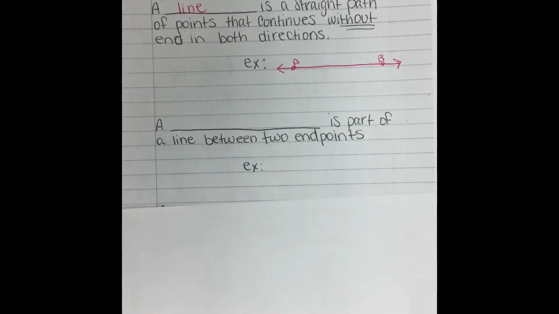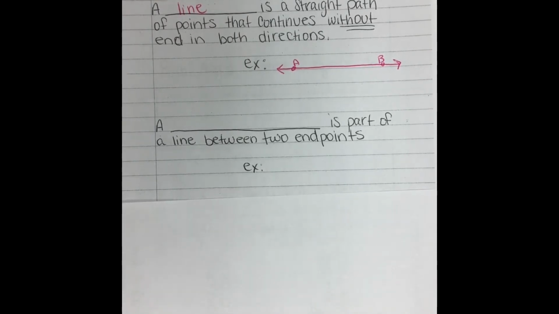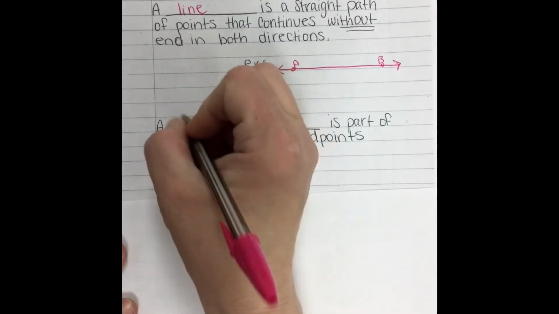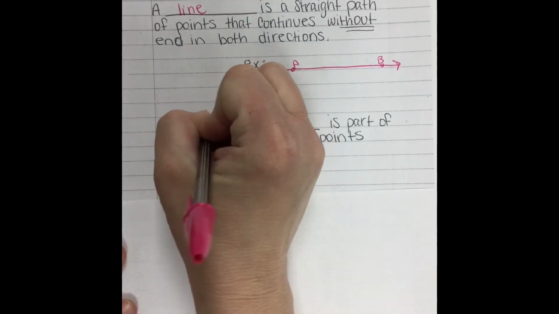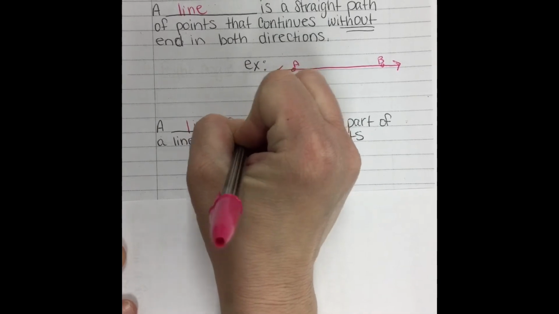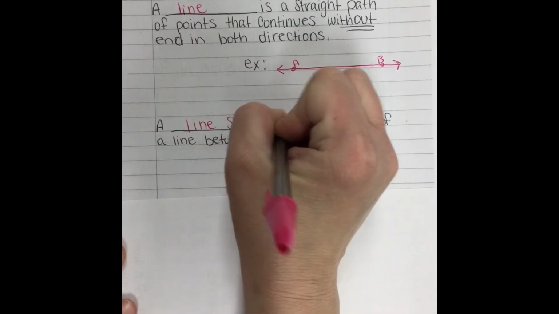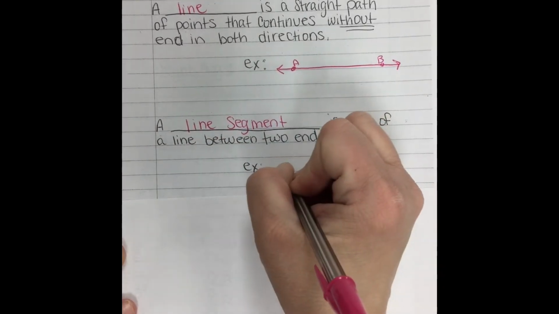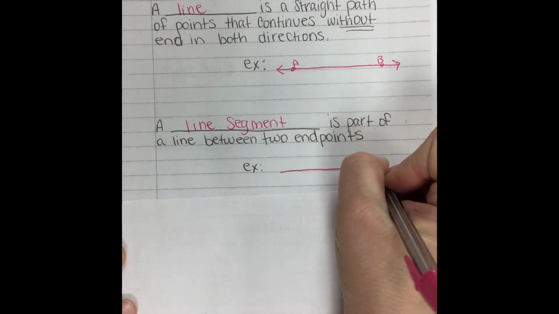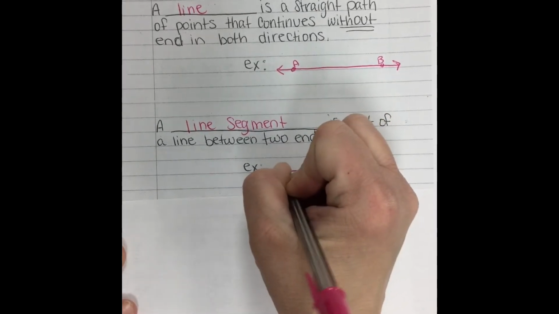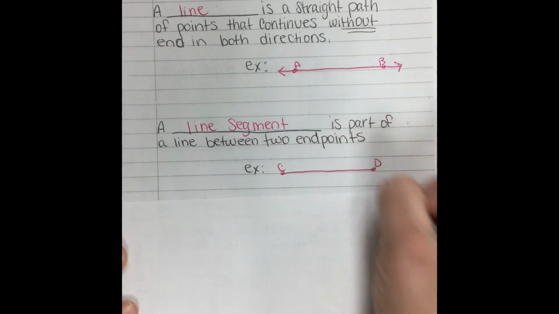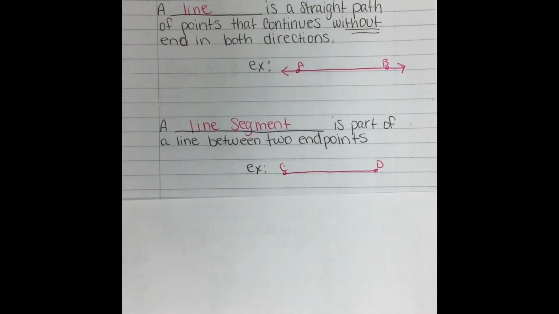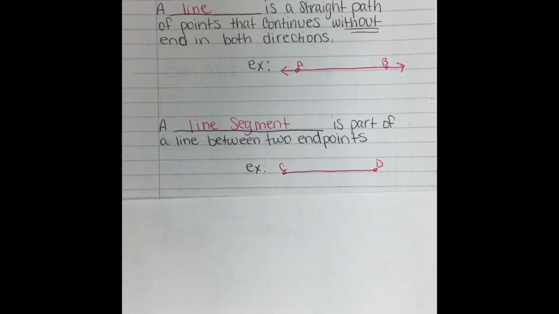Okay, but then we look down here and it says a blank is a part of a line, a line between 2 endpoints. This is a line segment. Okay, a line segment is stopped by the 2 endpoints. Okay, no arrows. It stops at the endpoints.